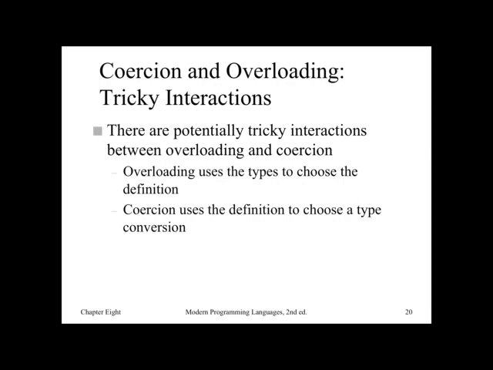With coercion, I use the definition to tell me what kind of type conversion I'm going to do. In other words, if I've got a function that expects a double, then I'm going to use that definition to tell me to turn that int into a double. And they're different. It's kind of looking at it from different angles.